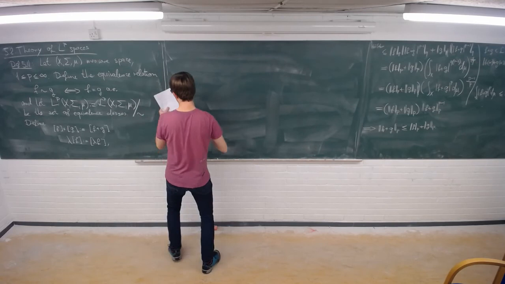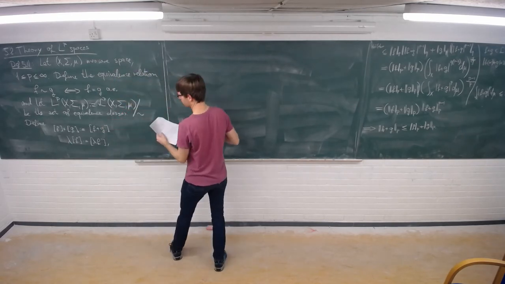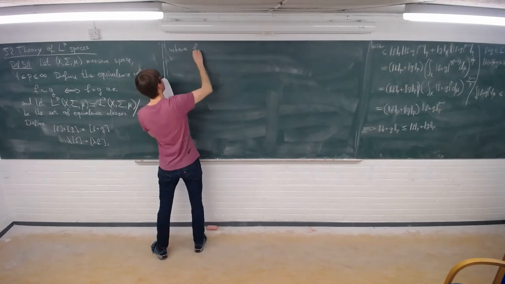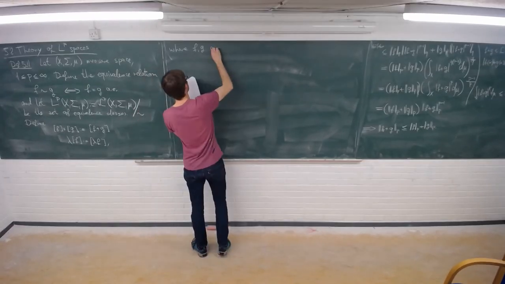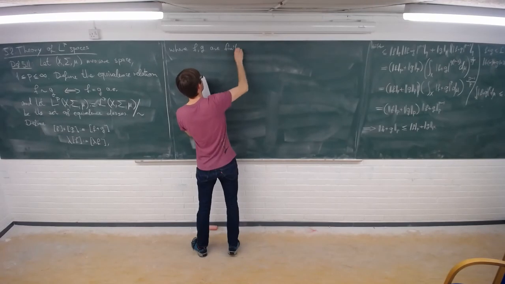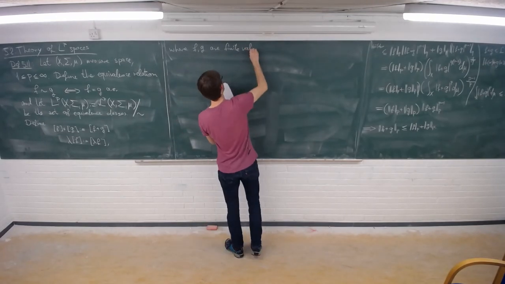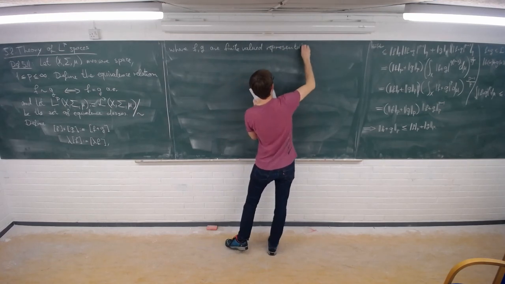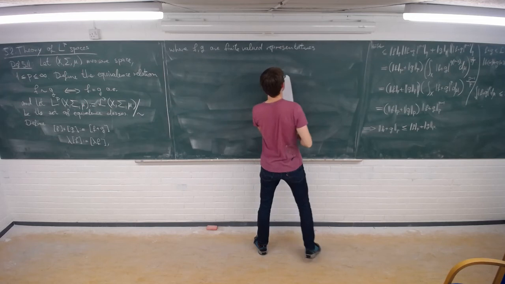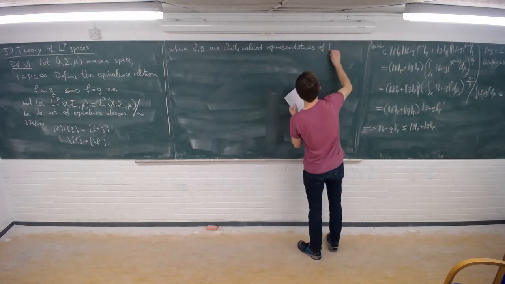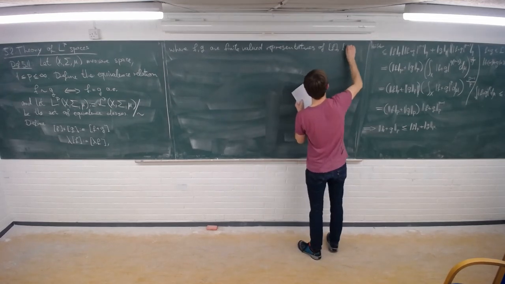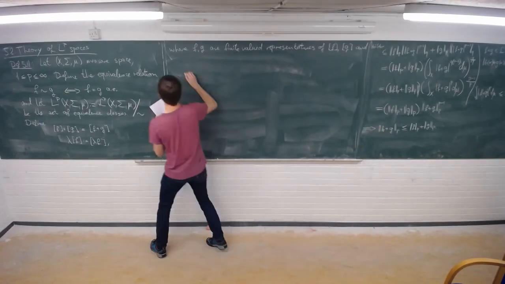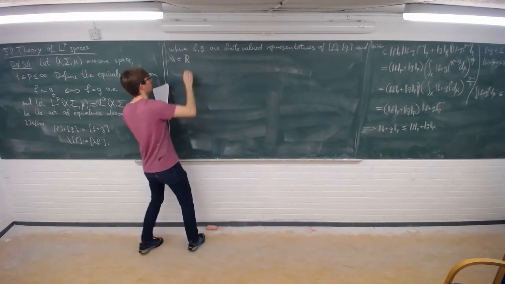So the definition is not finished yet, so define sum and scalar multiplication like this, where f and g are finite valued representatives of the classes f and g, and lambda is a real number.